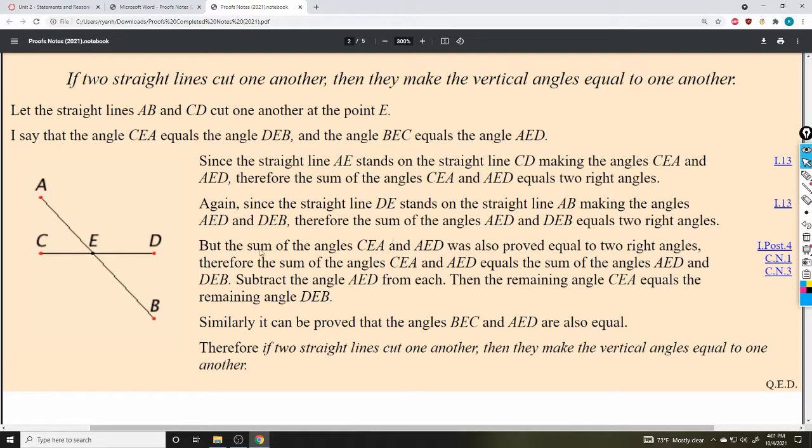But hold on, that matches with the linear pair we had here. Therefore, we can make these equal to each other. Subtract AED from each. That's taking away angle 2 from both sides. Then the remaining angles must be equal. And we can make a similar argument for the other pairs of angles. Therefore, vertical angles are congruent.